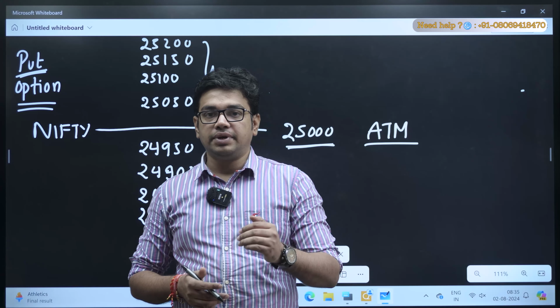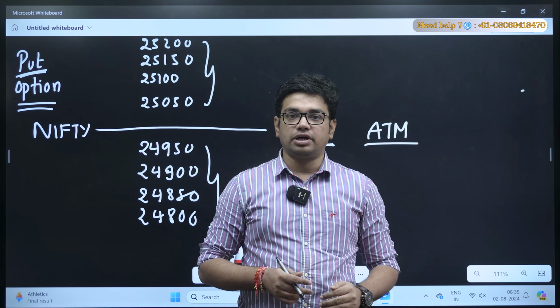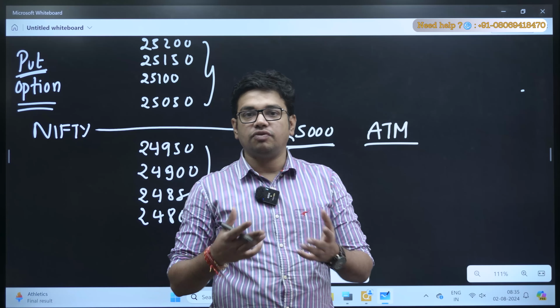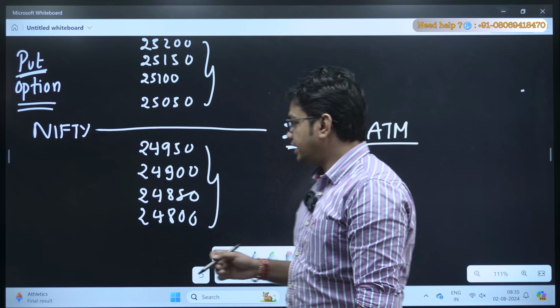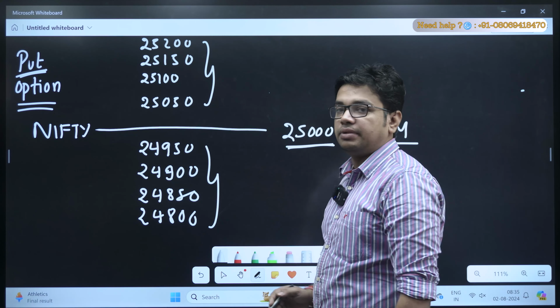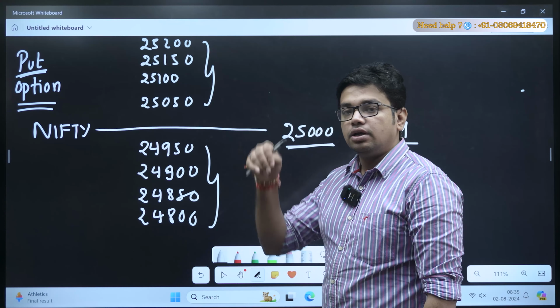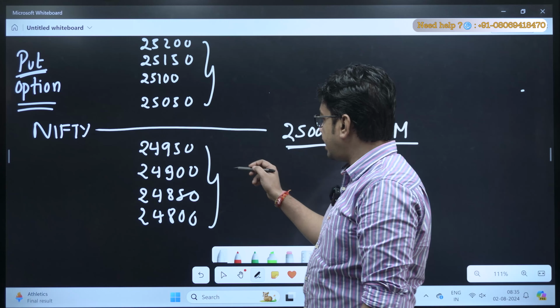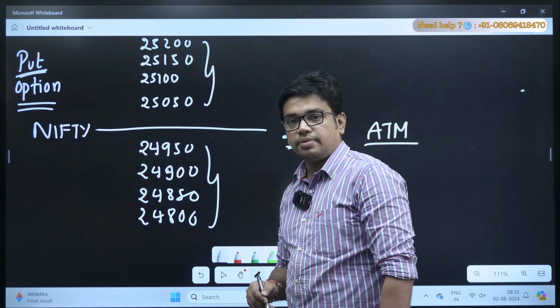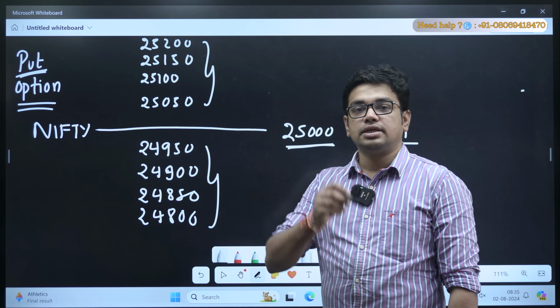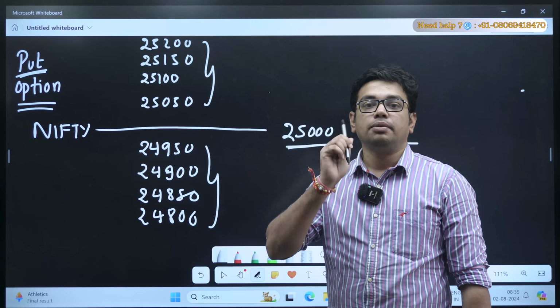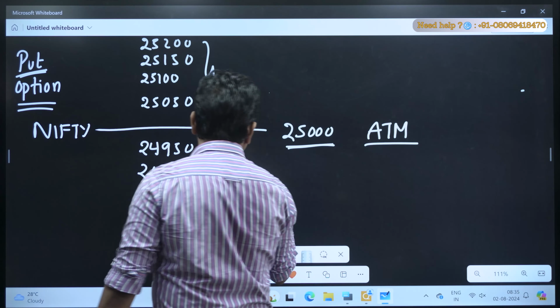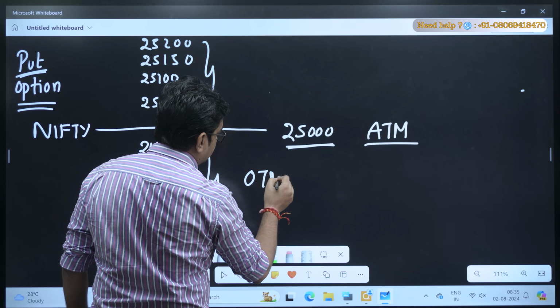That means the price below the spot level is the future price, which is what we are expecting. That is why it will be known as the OTM level, because we are expecting this level below the spot price. So, the strike which is lesser than the spot will be known as the OTM option for the put category.